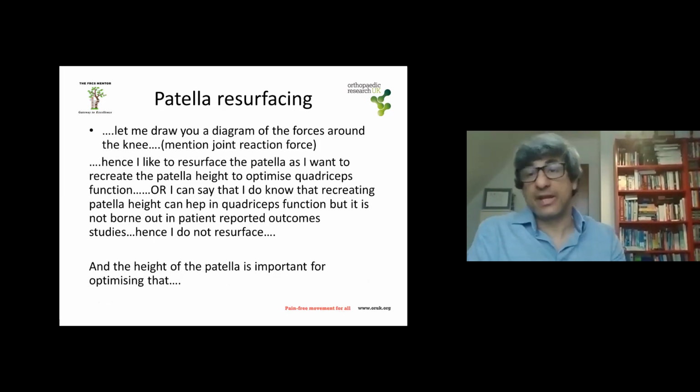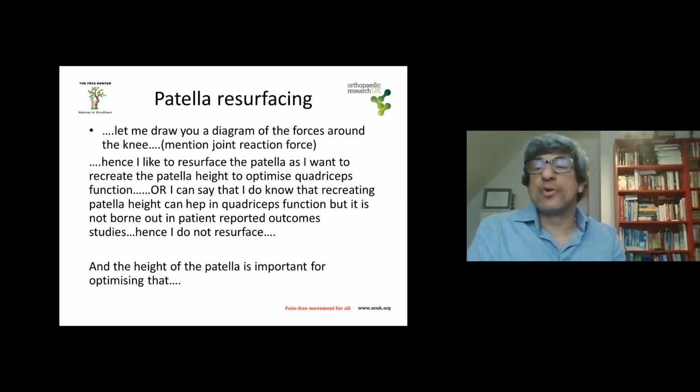Or you can say, if you want to be a non-resurfacer, but justify your answer, you can say, I do know that recreating patella height is important at the basic science level for quadriceps function, but there have been no patient-reported outcome studies showing real superiority over resurfacing or not, and hence I do not resurface.